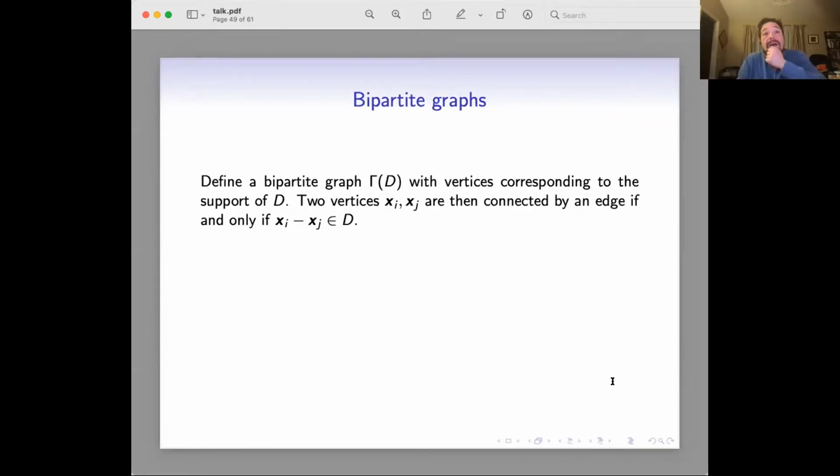All right, so one can actually build a bipartite graph from such a difference set.